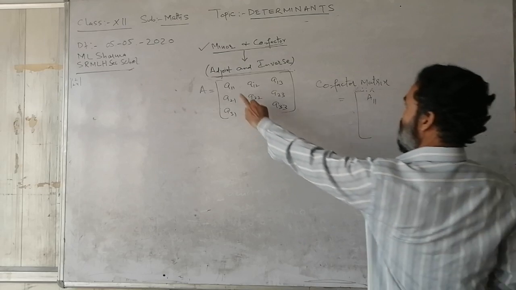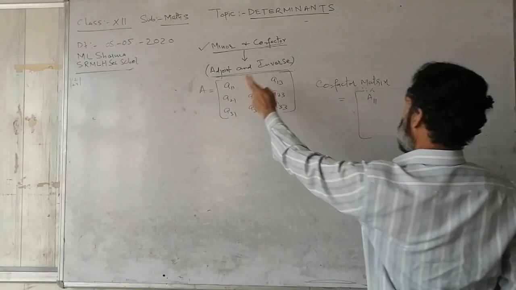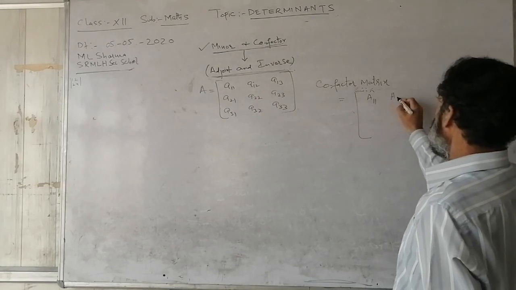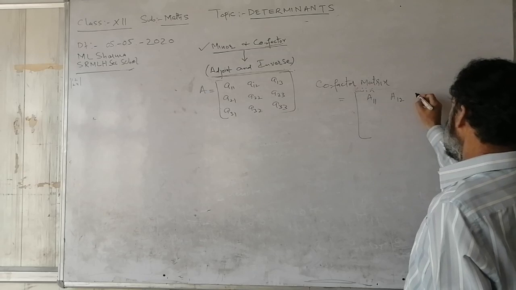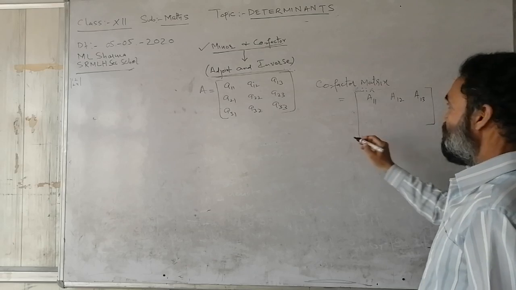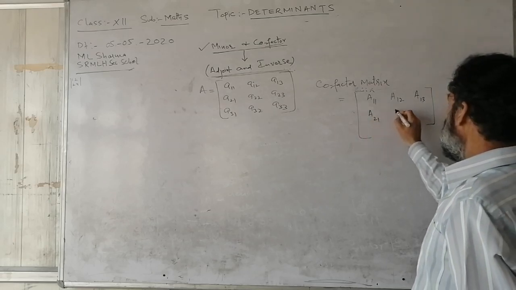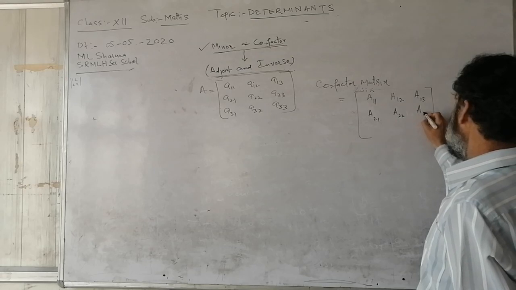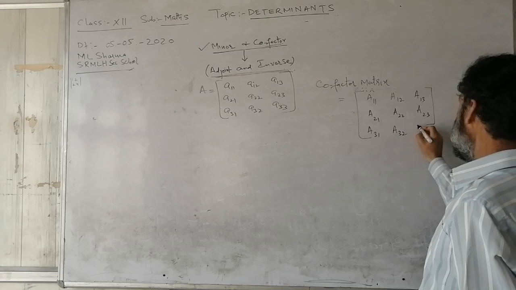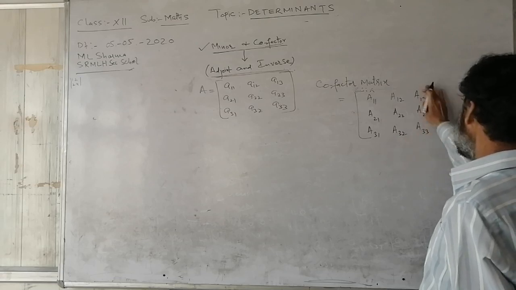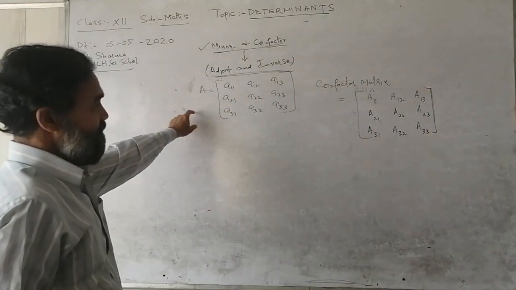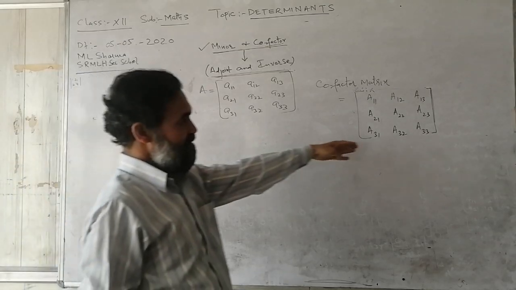This element has cofactor A11. Similarly, this element has this as cofactor. Then the third element, this as cofactor. Same way for the rest. So this is the cofactor matrix, and this is the matrix. It is 3 by 3 order. It is also 3 by 3 order.